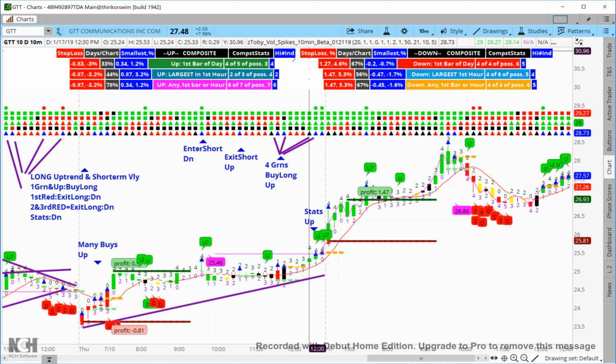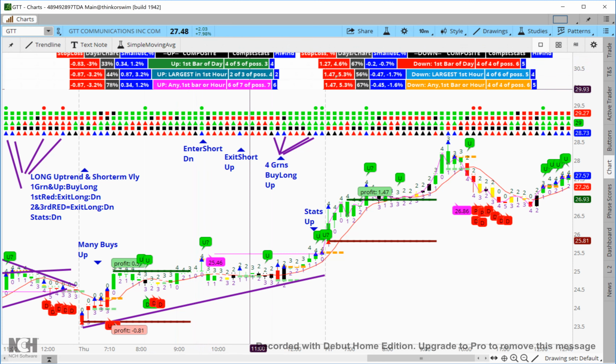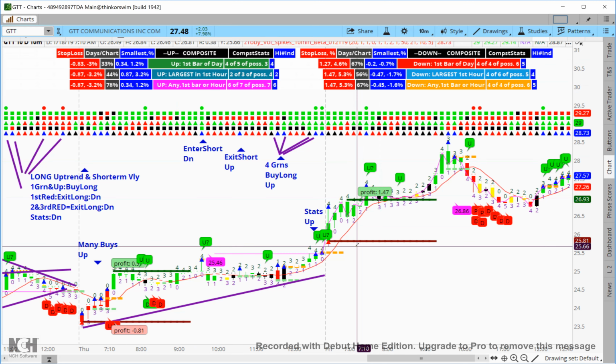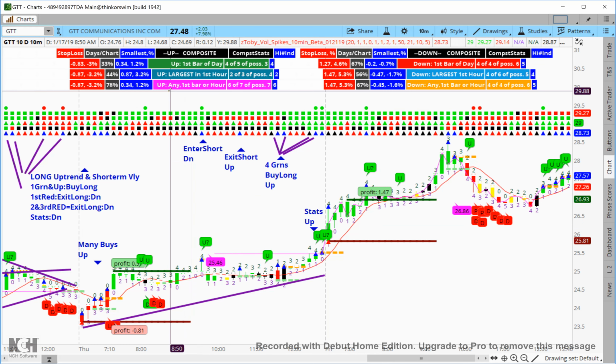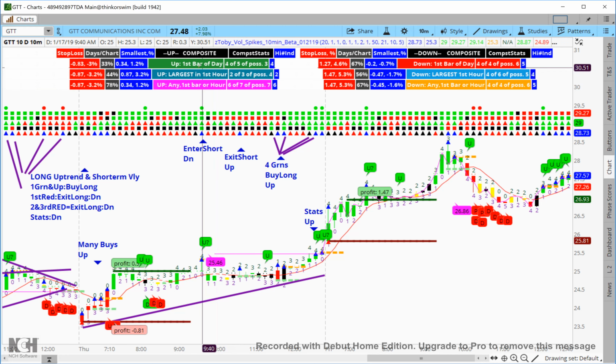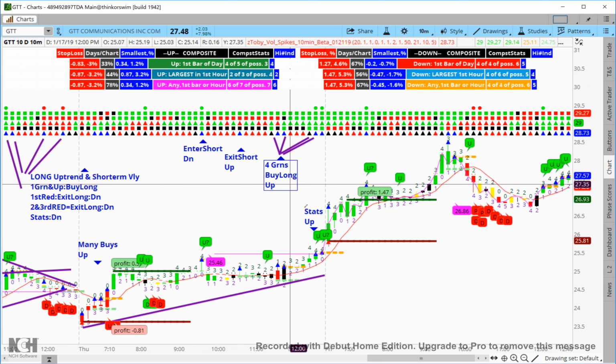If you want to use statistics and they're reliable for a certain stock, there are two tables here. What I want you to know is that there's the first bar, and either first bar or hour bar. I want to use the first bar of the day because that's end of day trading.